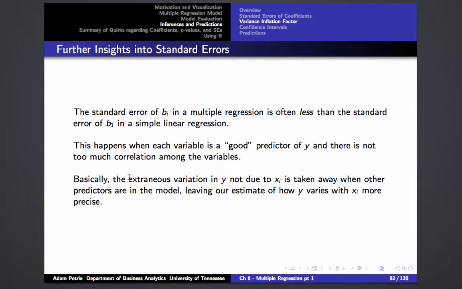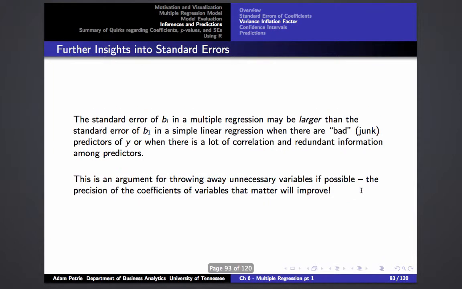So basically what ends up happening is that the extraneous variation in y that's not due to xi is taken away when we fit that multiple regression model, leaving our estimate of how y varies with xi much more precise.